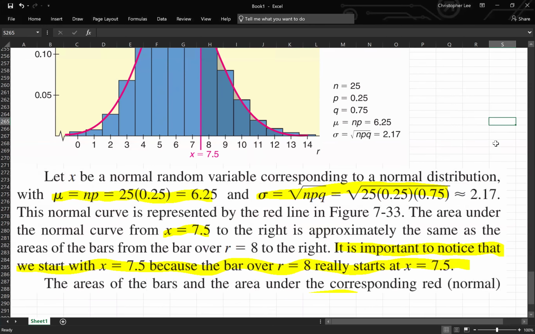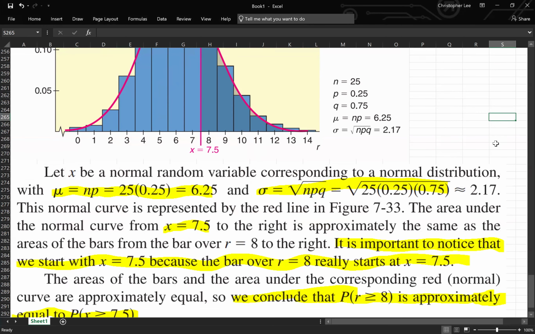So let X be a normal random variable corresponding to a normal distribution with mu equal to n times p. Remember, this is our n, this is our p. We'll just multiply them together. We get 6.25. And sigma is equal to the square root of n times p times q, which is the square root of 25 times 0.25 times 0.75, which is approximately 2.17, right?